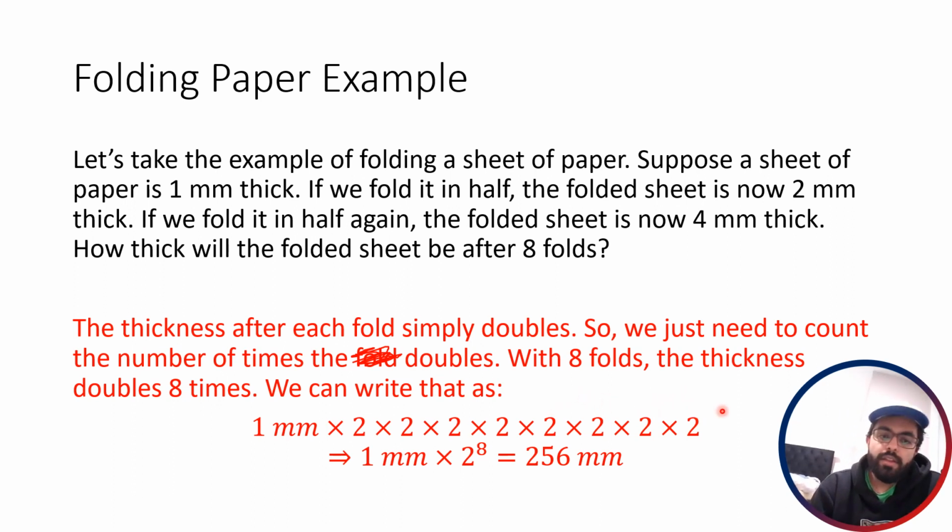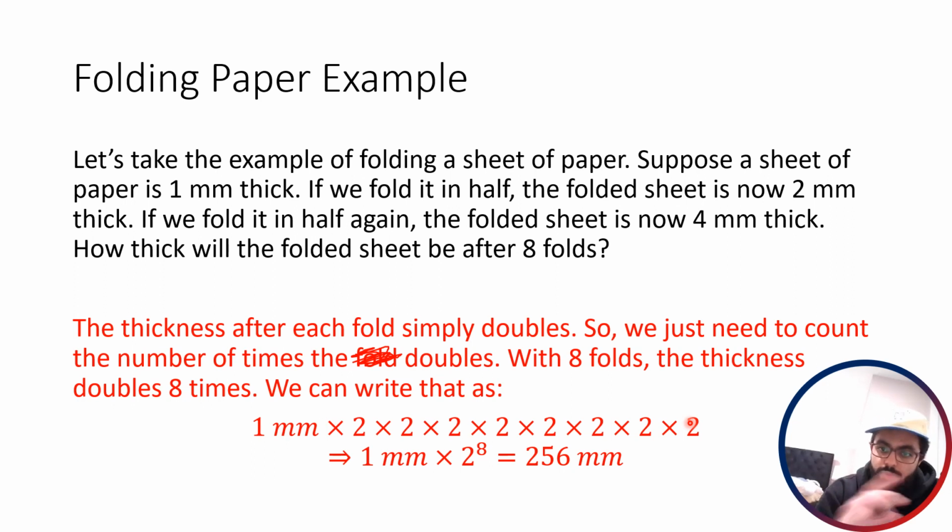That's the 8th. Now, that's a whole lot of stuff to write out to solve this problem. So instead, we recognize that every single time we fold the sheet of paper, the thickness doubles. Every single time we fold it, there's going to be an extra times 2. If there's a whole bunch of a number multiplied by itself, we can write that as an exponent.